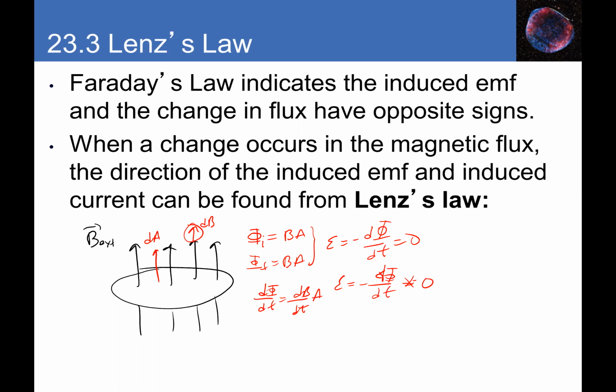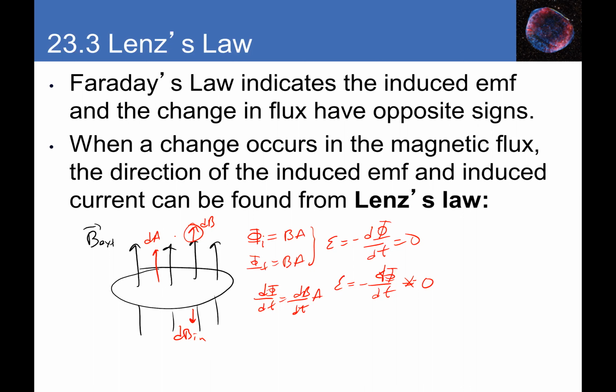So what if the loop generates its own magnetic field in the opposite direction, dB induced? This magnetic field induced by the loop will fight the increase in magnetic field due to the external source. They can eliminate each other, and then the flux is the same as before. That's what the loop is going to try to do.